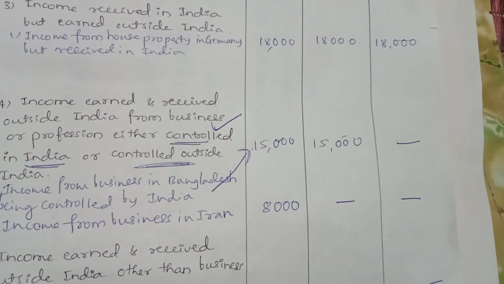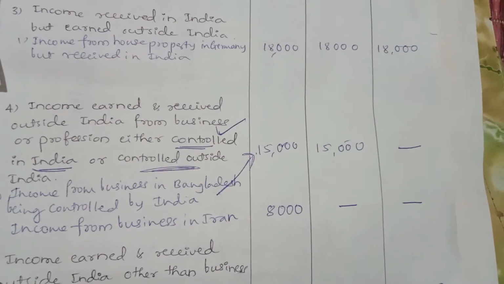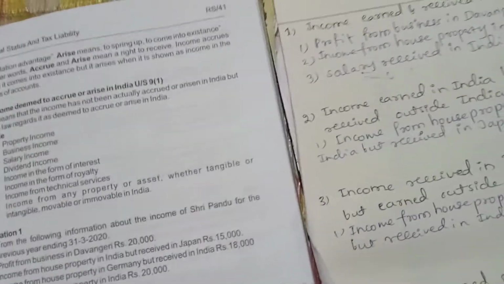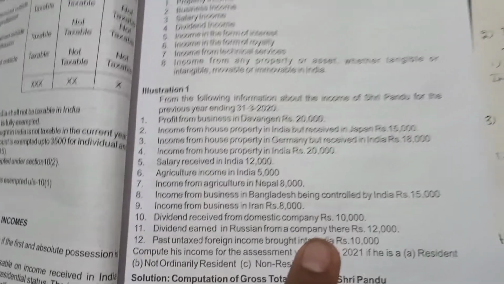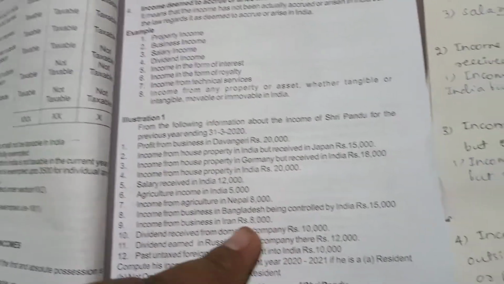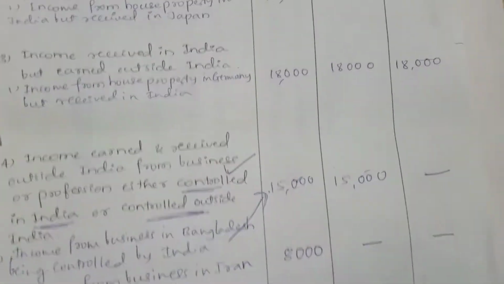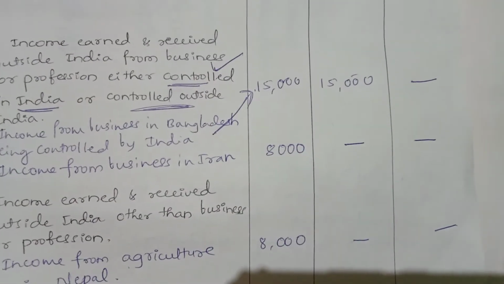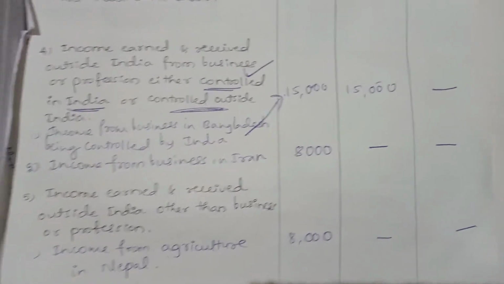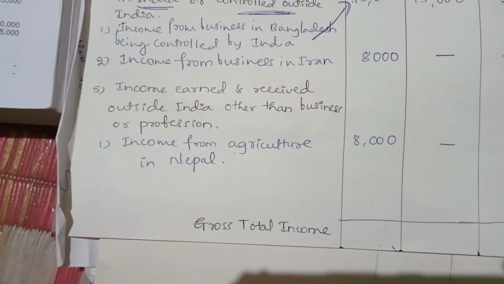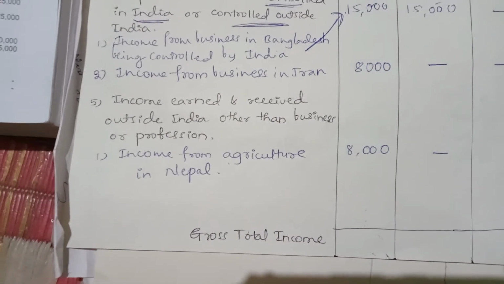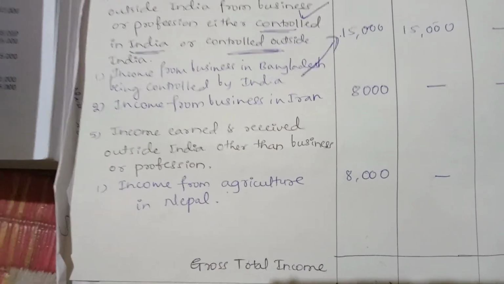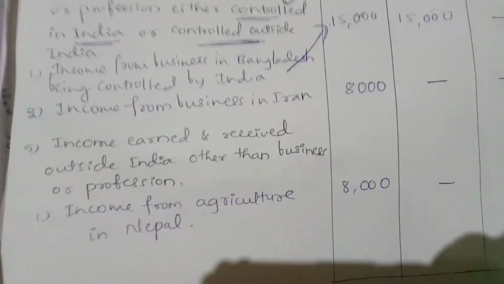Why? Because the dividend earned from Russia, you have earned the income from Russia. That is why the accrual of the income is from Russia only. When the accrual of the income is from Russia, we can say it is income earned and received outside India, whether it is other than the business or the profession, and that is going to be shown under this head only.